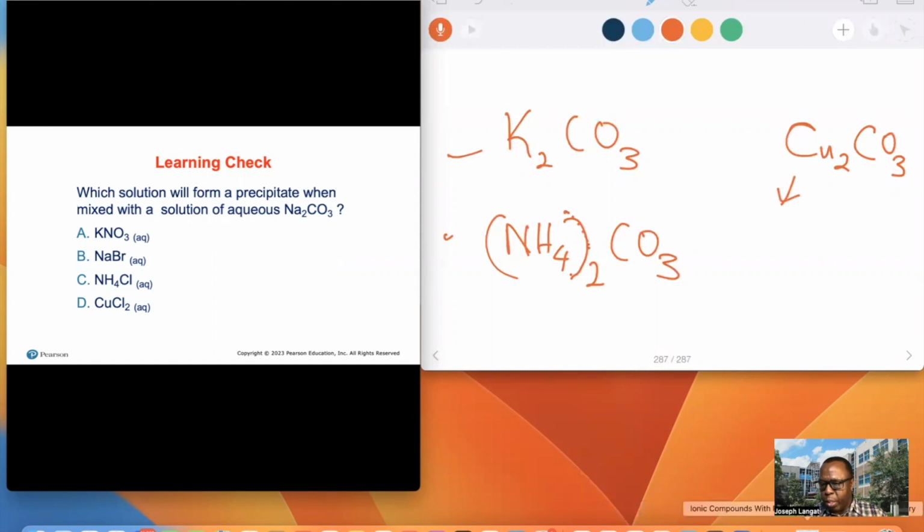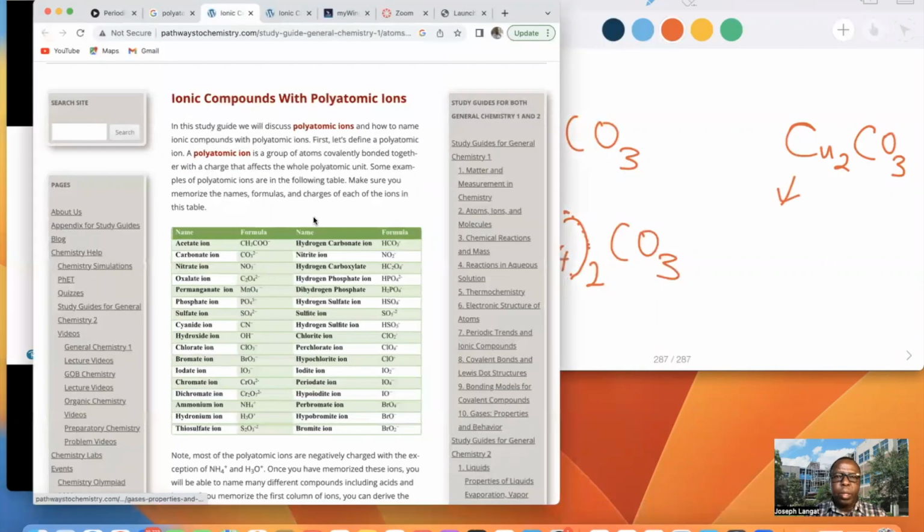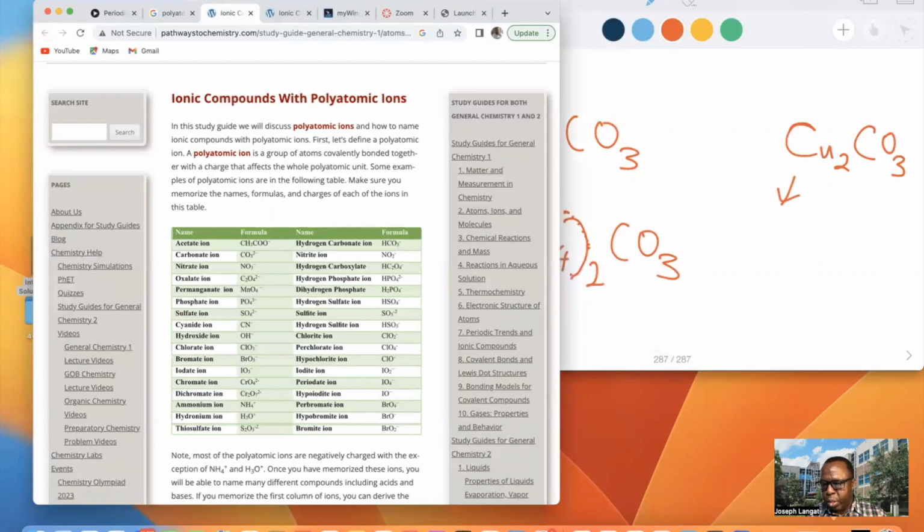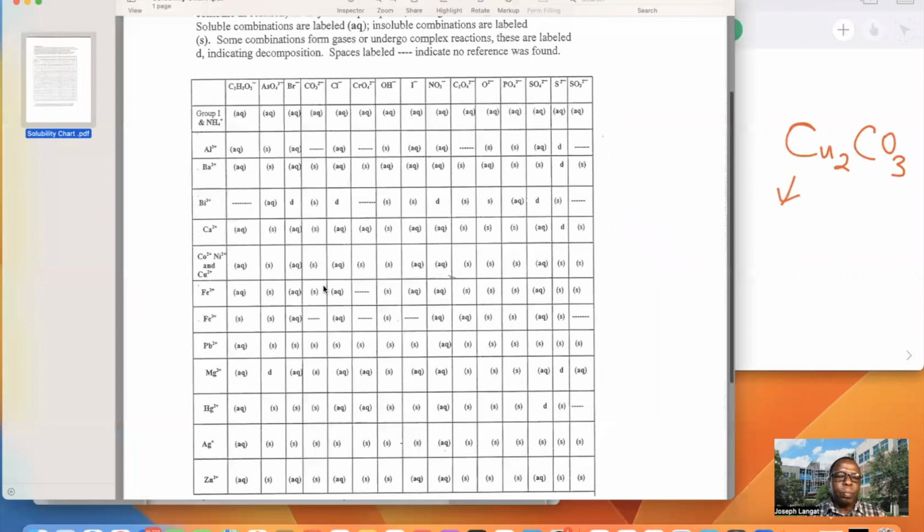From the solubility chart here, note copper with carbonate. You see? Carbonate with copper, this will form a precipitate. The rest will just be soluble.